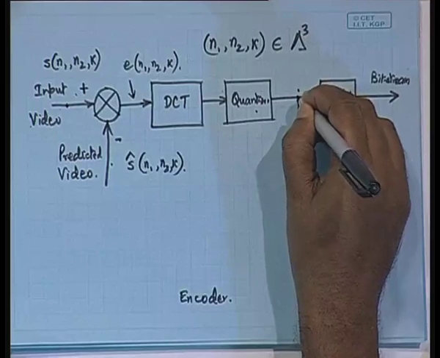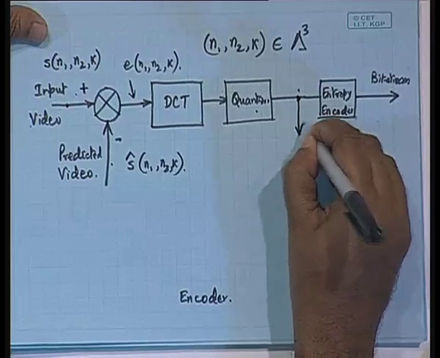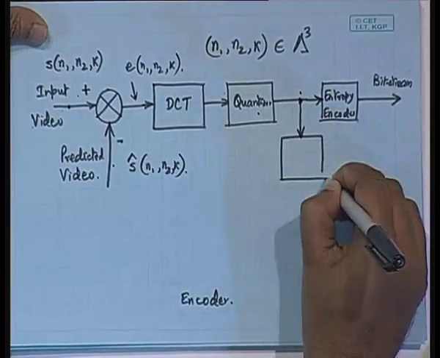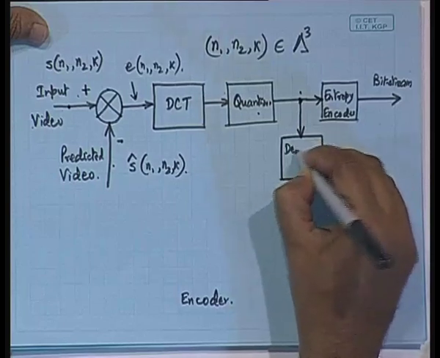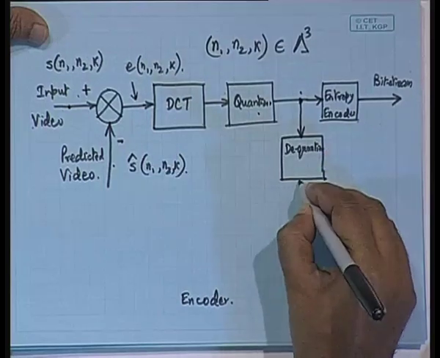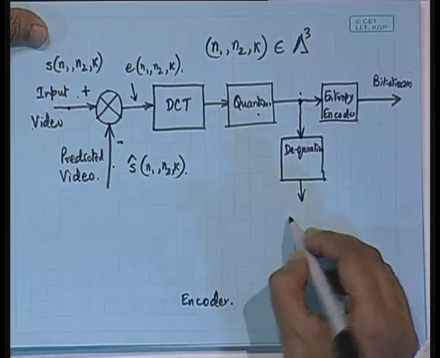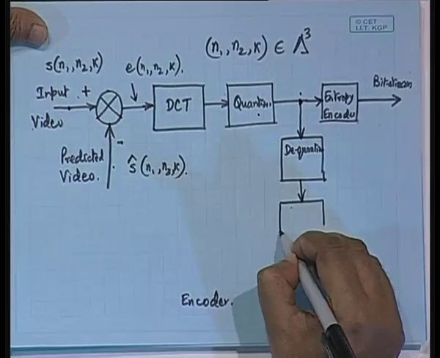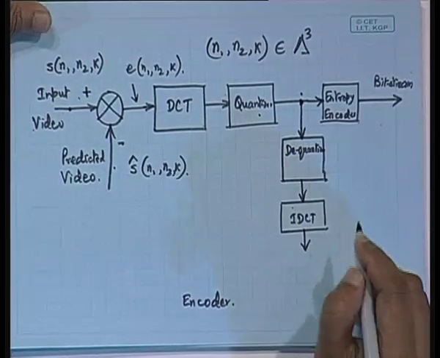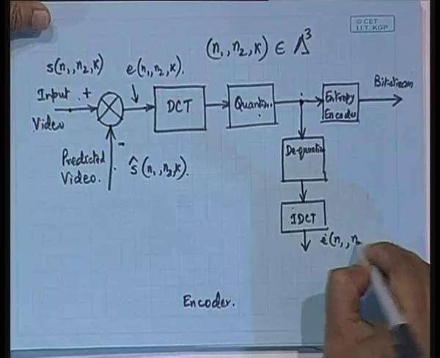So, what should be the block that we have over here? A dequantizer. So, here we keep a dequantizer. The next block should be an IDCT, right, and the output of the IDCT would give me E dot n1 n2 k.